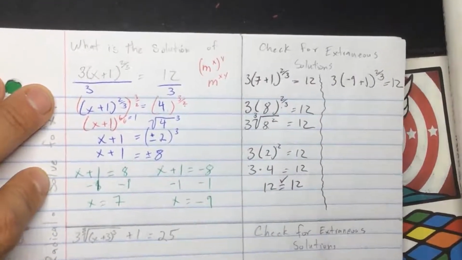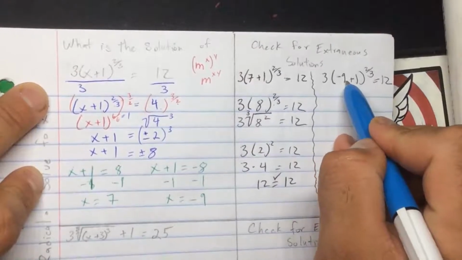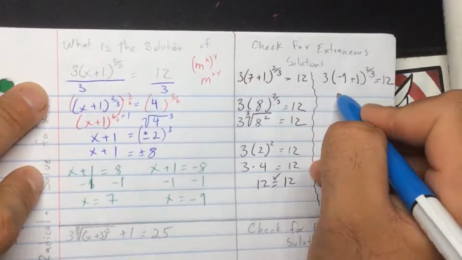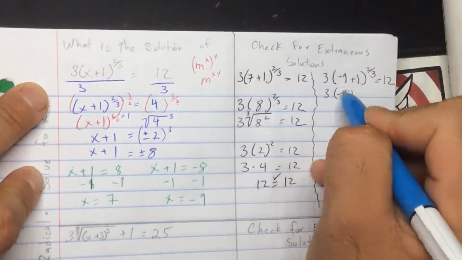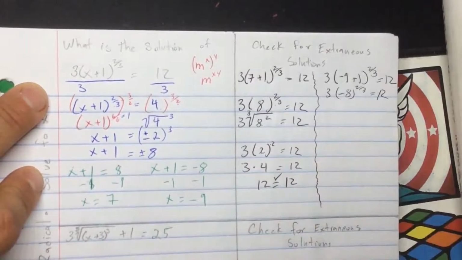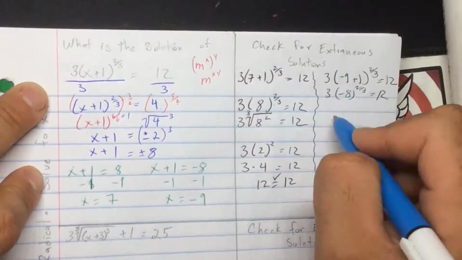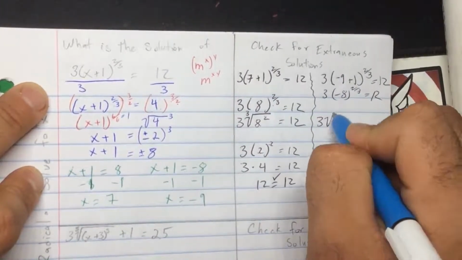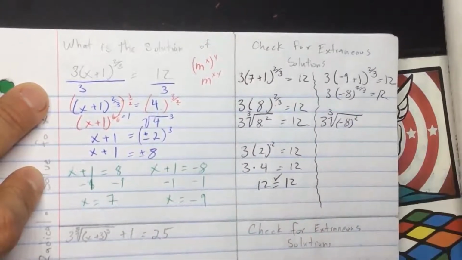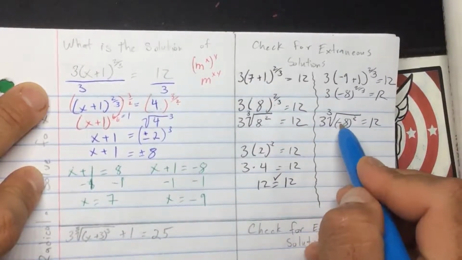So now we're going to check our other one here. Negative 9 plus 1 is going to give us negative 8, so 3 times negative 8 to the 2/3 power equal to 12. We're going to change this as well, put it in radical form. So this is going to be 3 times the cube root of negative 8 squared equal to 12. I'm going to do the squared first to get rid of the negative.